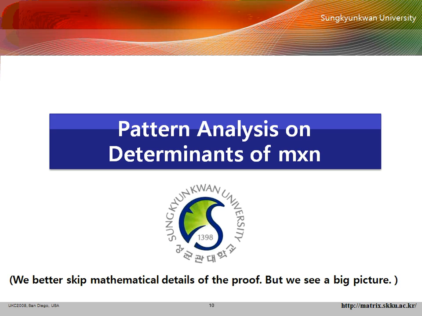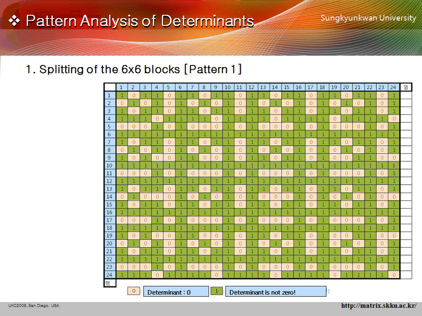Now we can think about when the matrix A of size mn by mn is singular and when it is non-singular. So we make the classification.